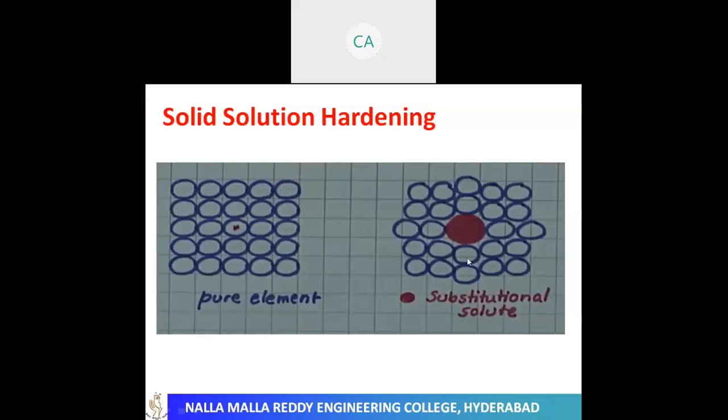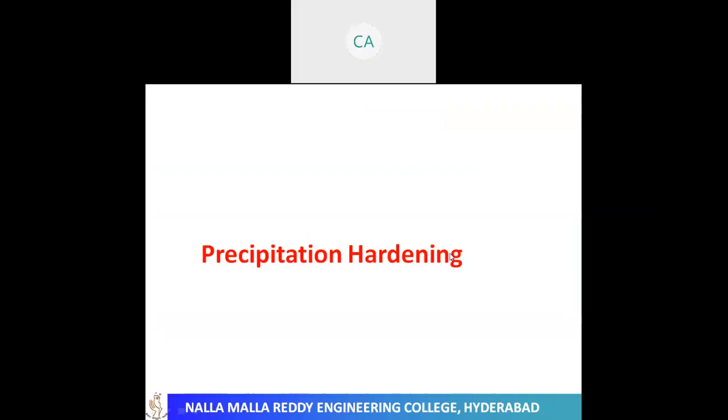Now, let us discuss precipitation hardening. Precipitation hardening, also called age hardening, is a heat treatment technique used to increase the yield strength of materials, including most structural alloys like aluminum, magnesium, and titanium, some steels, and stainless steels.